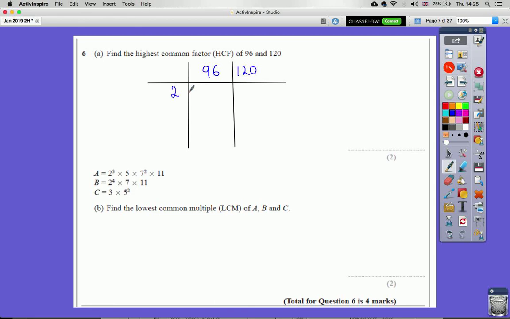I can divide both of them by 2. So you will get 48 and 60. I can divide them by 2 again. So you get 24 and 30. I can divide them by 2 again. Sorry, you get 12 and 15.